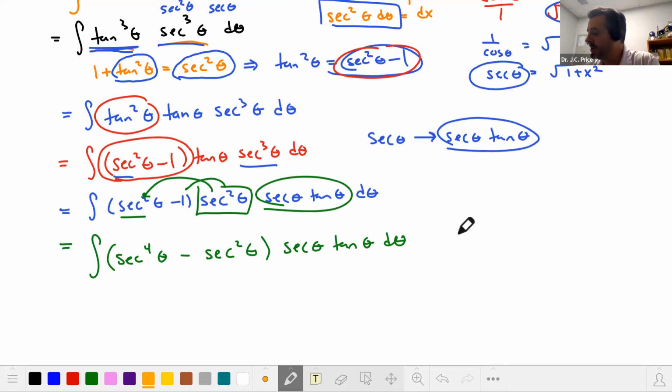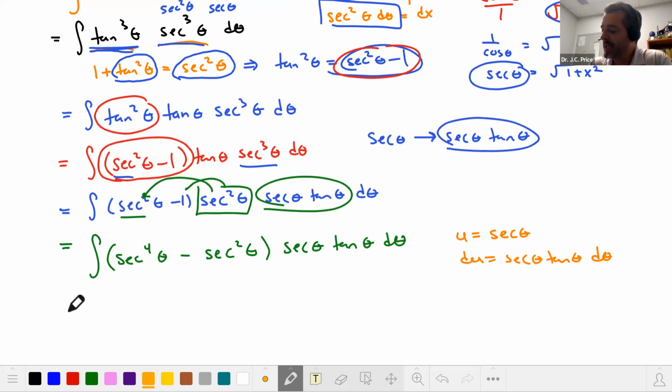If you want to make a U substitution, my U would be equal to just secant theta, and then of course my du is the derivative, which is secant theta tan theta d theta. And so you can make that substitution, or at this point in time, I should tell you guys, it's kind of nice just to kind of guess and check. So notice, if you multiply through here by the secant theta tan theta, you get what?